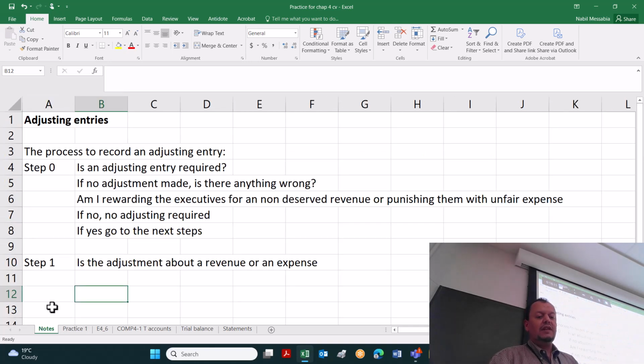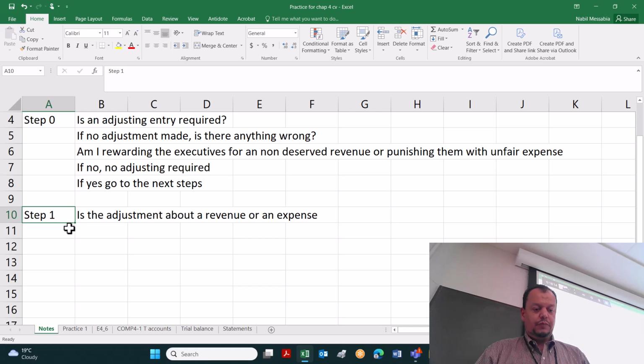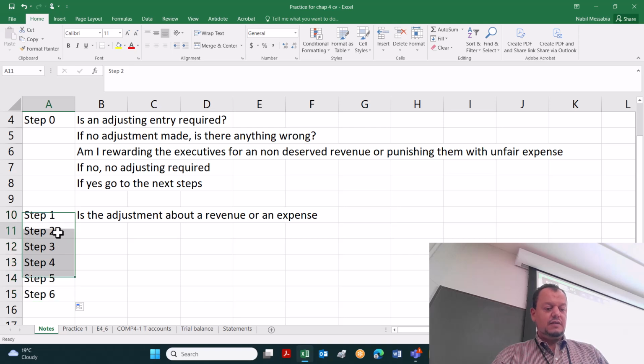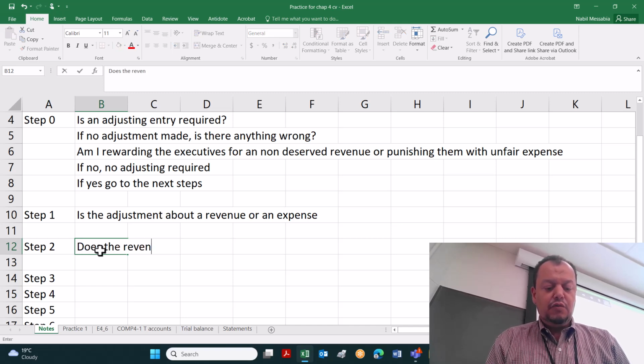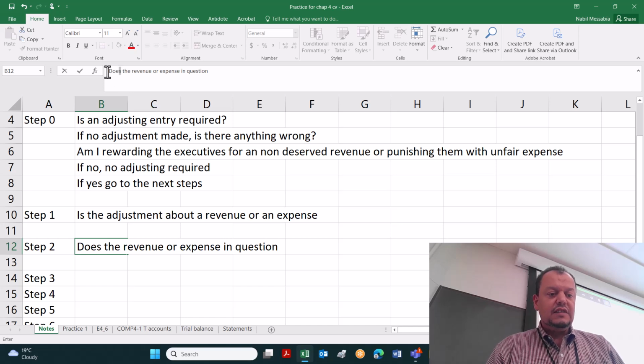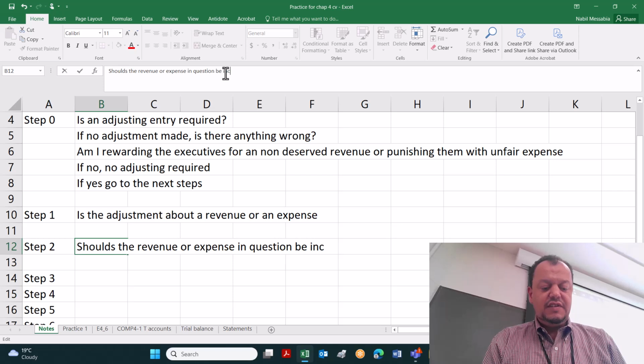Step 2. What happens to that expense? What happened to that expense? Increased or decreased? So, should the revenue or the expense in question be increased or decreased to adjust?